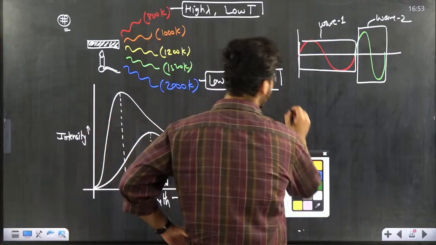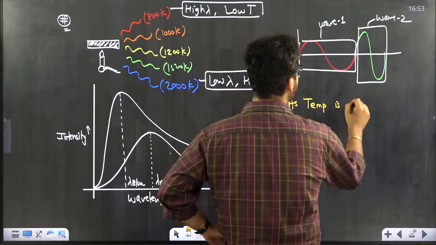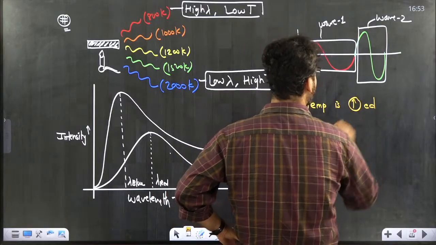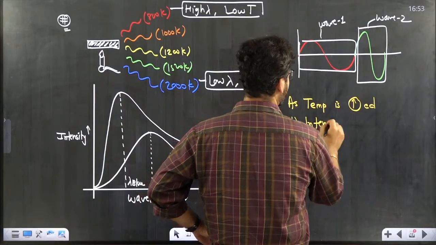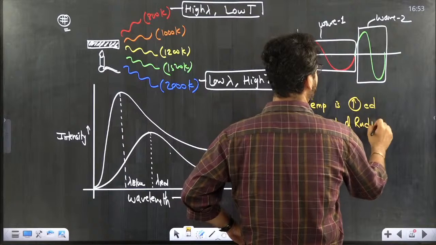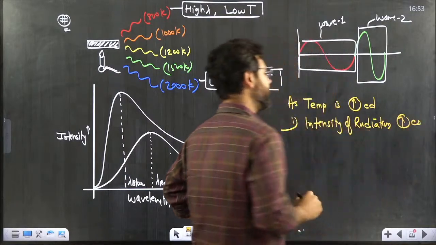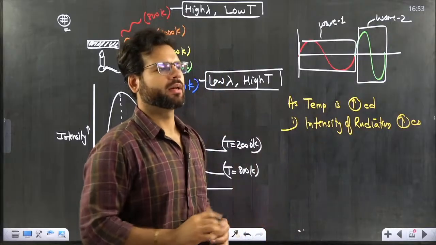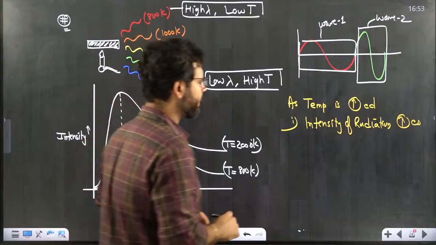So we'll mention, as temperature is increased, two things happen. Number one, intensity of radiation increases, meaning more and more photons start coming out.